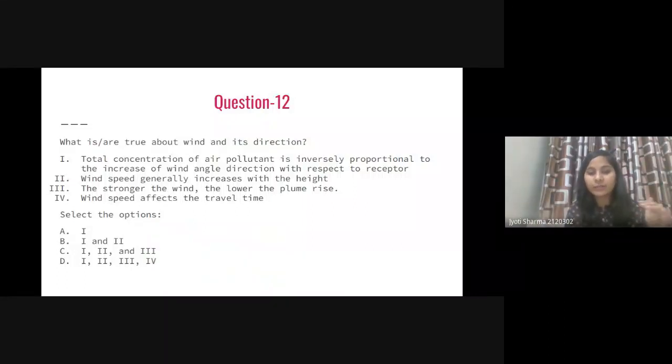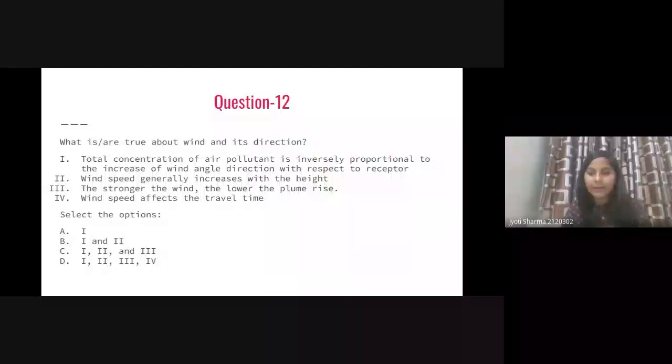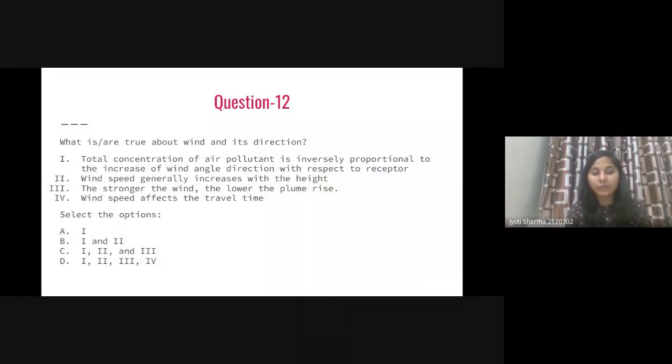So if there is a stronger wind, it will resist the vertical rising of the plume, and this will lower our plume rise. Then the fourth is wind speed affects the travel time. As we all know, if the wind is in our direction, then the travel time will be lower, and if it is in the opposite direction, then the travel time will be more. So the answer should be D.